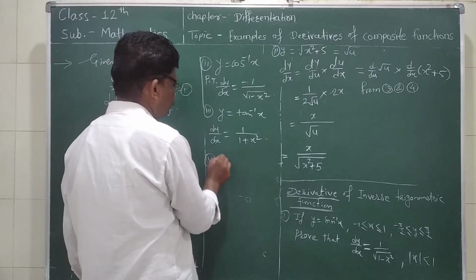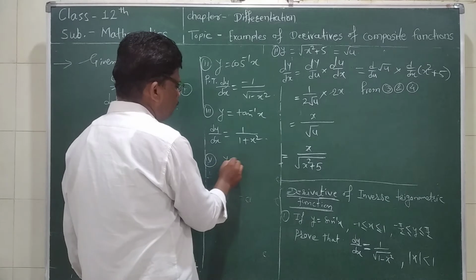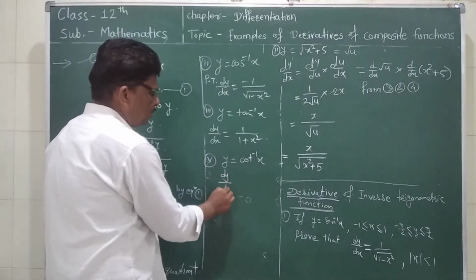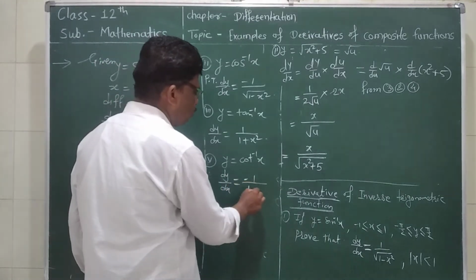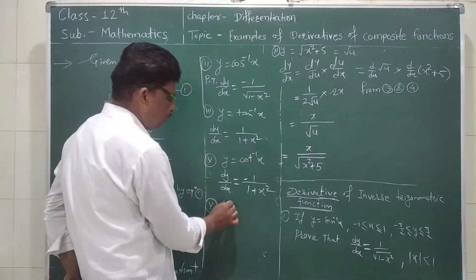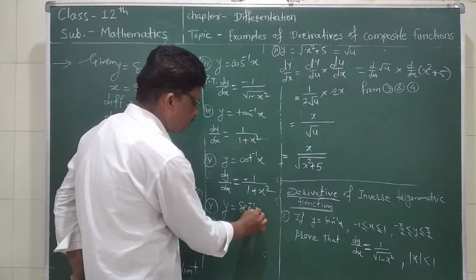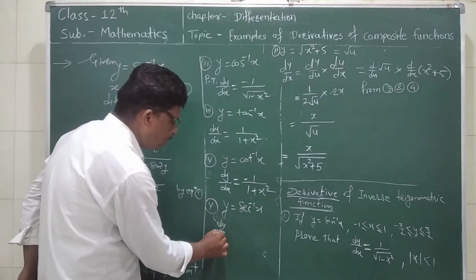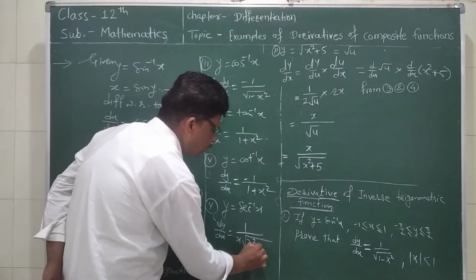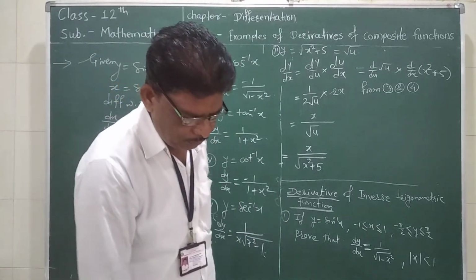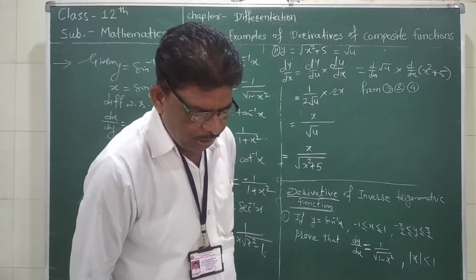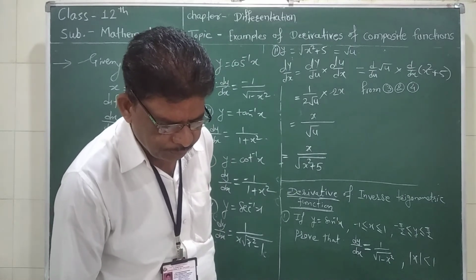And fourth, if y equal to cot inverse x, then dy by dx is equal to minus 1 upon 1 plus x square. Fifth one is if y equal to sec inverse x, then dy by dx is equal to 1 upon x under root x square minus 1.